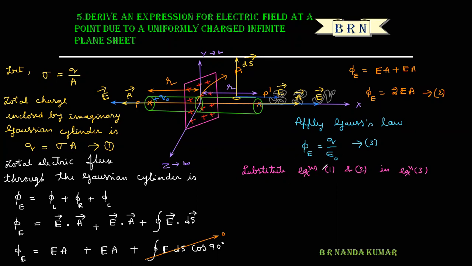Then we get, what is the value of phi? Phi is 2EA, right? That is equal to q, which is sigma A, divided by epsilon naught. So A cancels here. So E is equal to sigma divided by 2 epsilon naught. What is this?